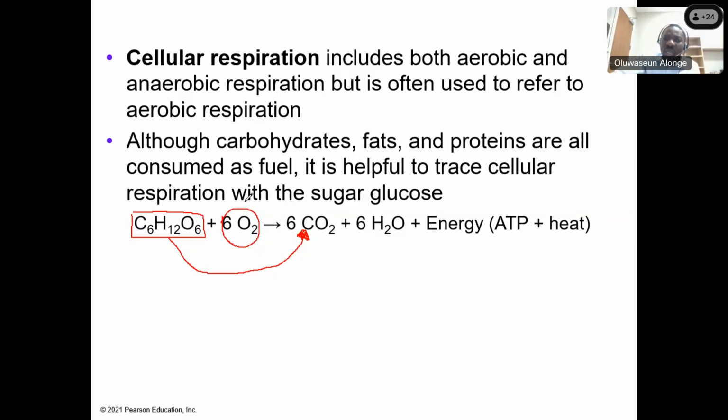Now, if we also look at this oxygen and we say it has been reduced to H2O, that means something also reduced it. So what will have reduced it? Because there are also two here, that means this glucose was also the reducing agent that reduced this.